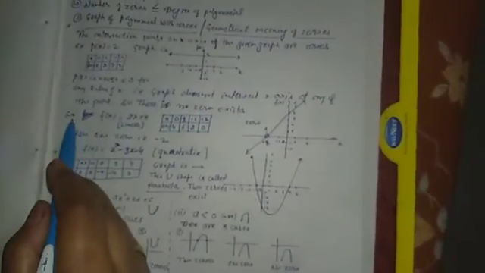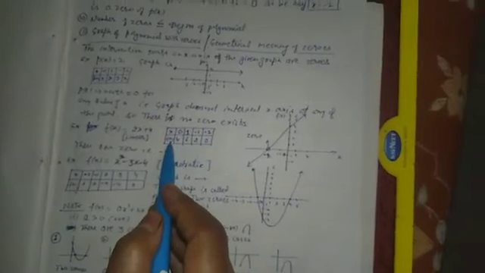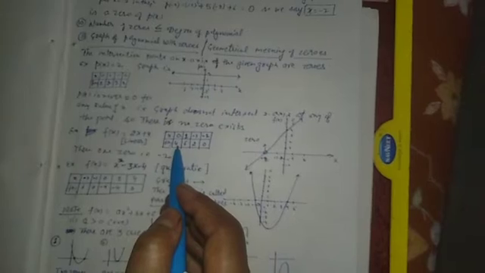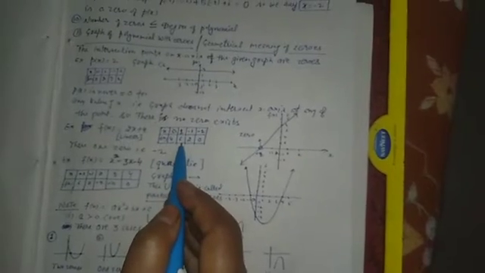Now see the second example, 2x + 4. So this is linear, with x and f(x). Here f(x) is denoting just y, 2x + 4. If x is 0, we'll get value of y as 4. If we put 1, value of y is 6.